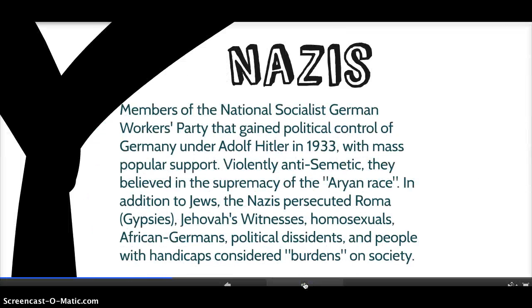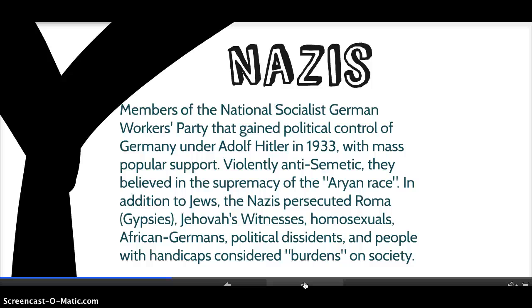The Nazis. They are members of the National Socialist German Workers' Party, and they gained political control with their leadership, Adolf Hitler, in 1933. They were very, very popular at this time. So a lot of people in this party were violently anti-Semitic.